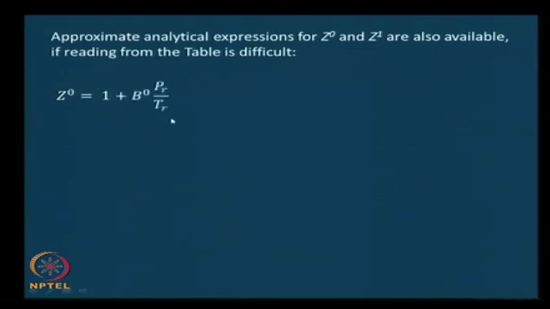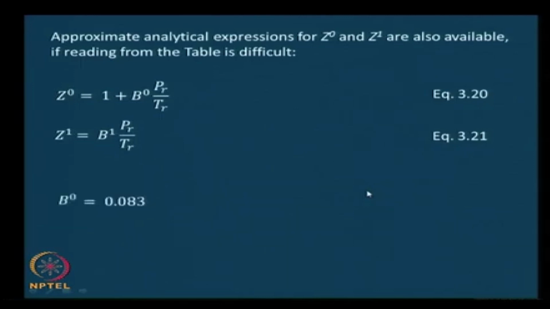Z naught is 1 plus B naught PR by TR, equation 320, and Z1 is B1 PR by TR, equation 321.